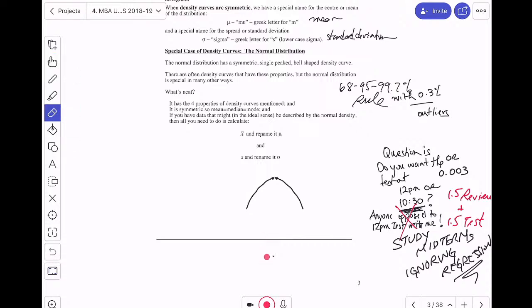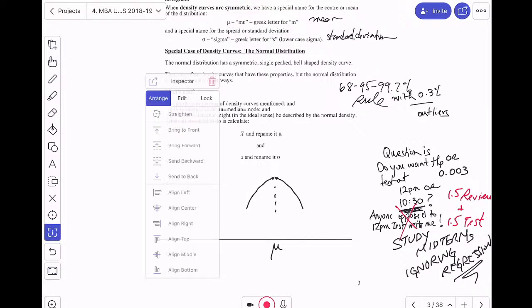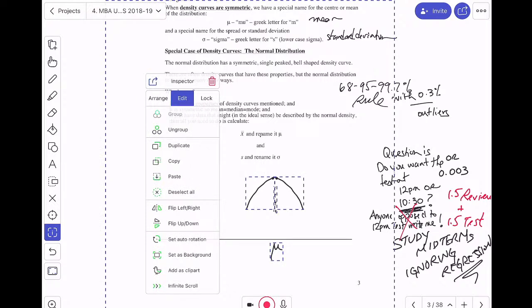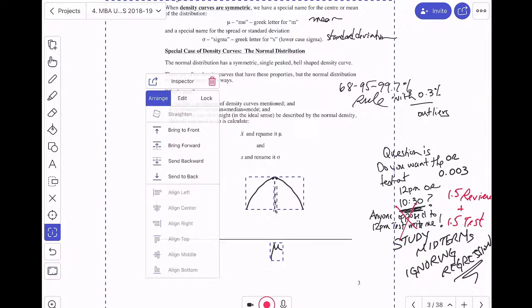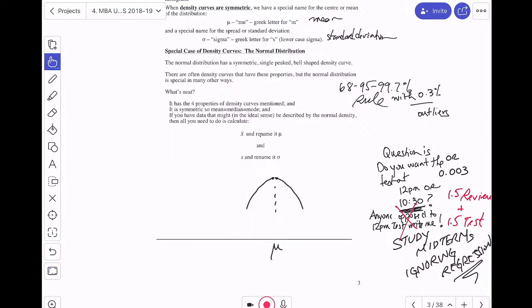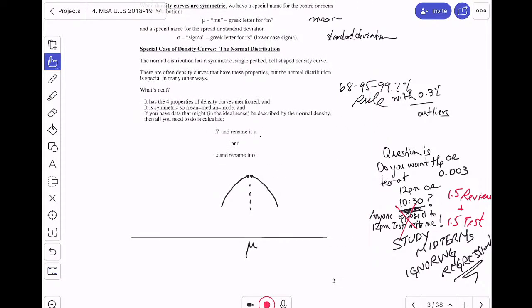The idea is that this is concave around the mean. I have to move the whole thing.